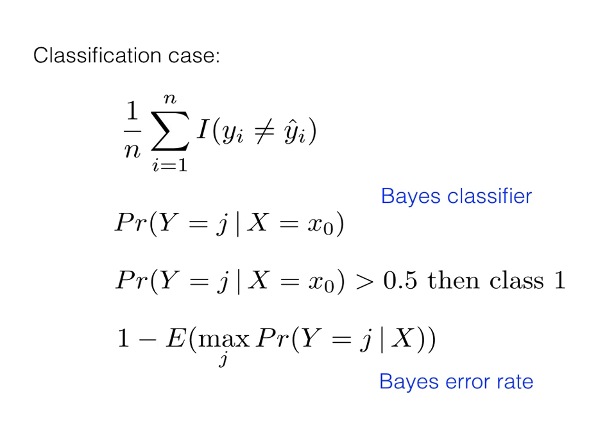And we can work out the error on that. It's 1 minus the expected value of the maximum posterior probability over j, with the expectation taken over our entire data set. That's called the Bayes error rate. That's essentially like that green line that we saw in the diagram before.